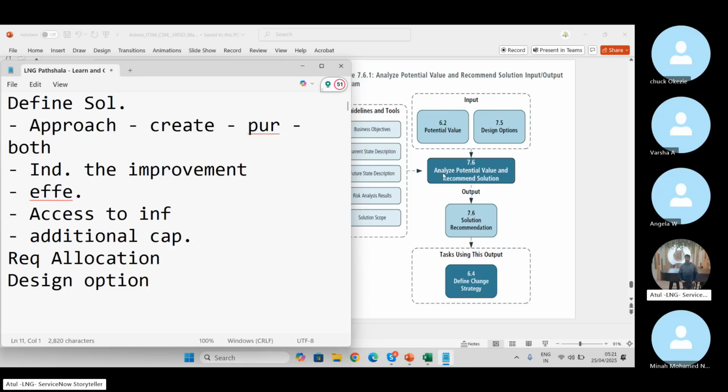So in this step, we are going to check what is the potential value and what is the recommended solution. And potential value, you can say, is kind of a benchmark. Like I saw in the market that if any company is implementing ITSM, they are able to save 20% of the human effort on incident management within 3 months.